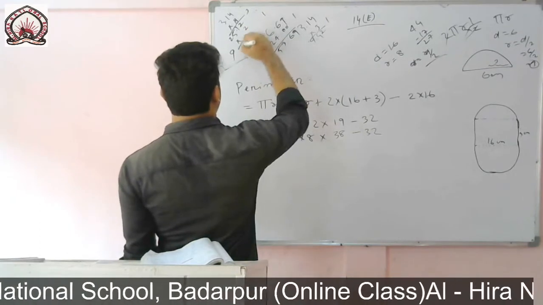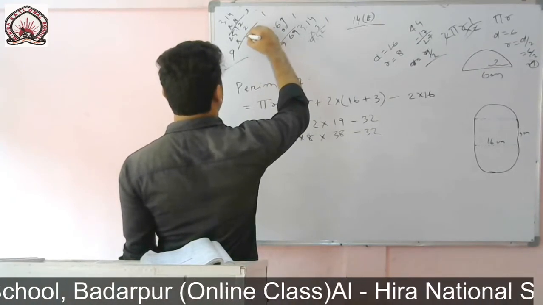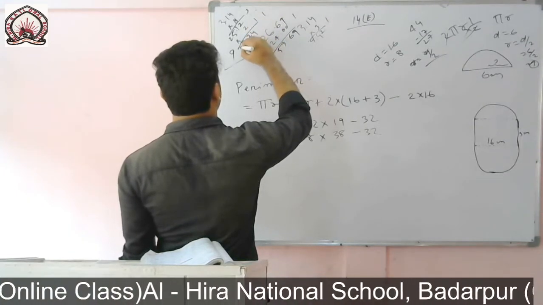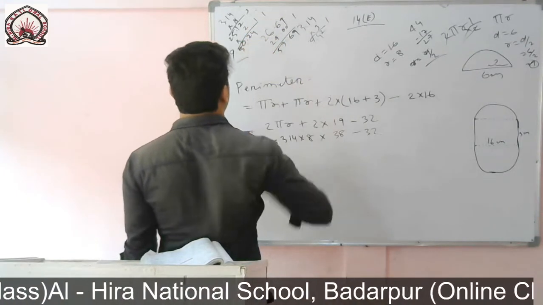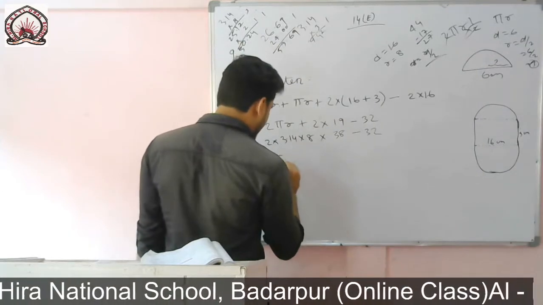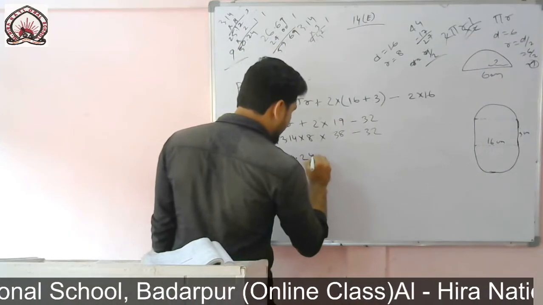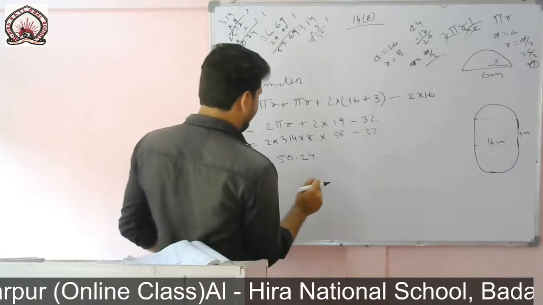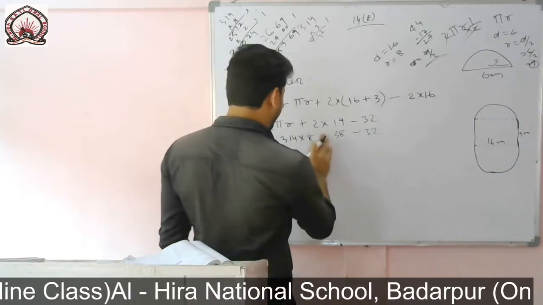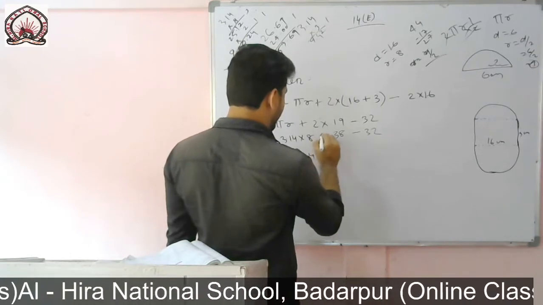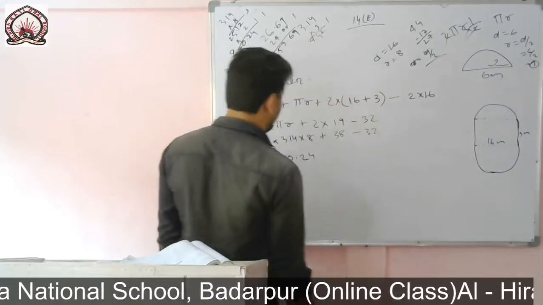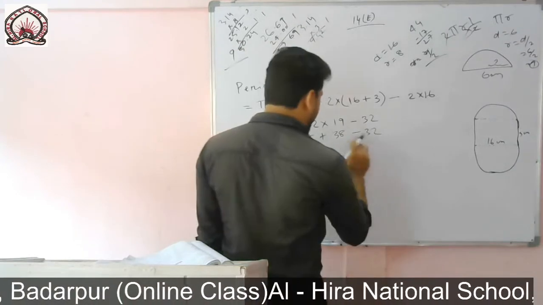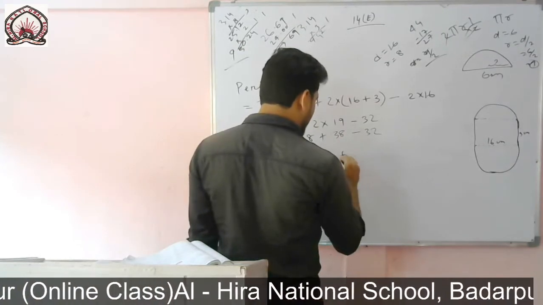Now again multiply by 2, we get 50.24. Now 32 minus 38, 8 minus 2, 6.